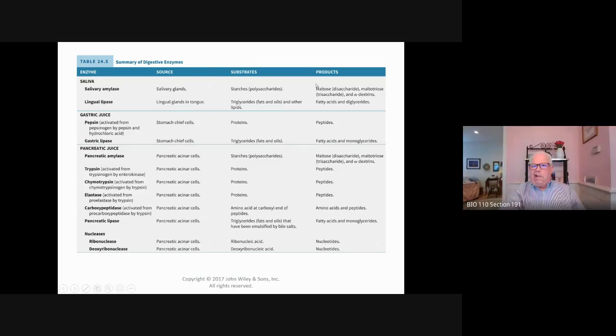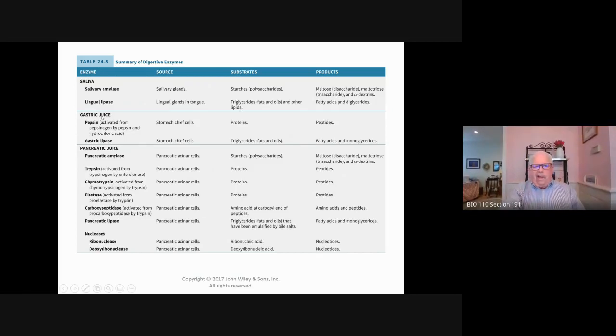Polysaccharides become disaccharides. Lipase, produced by the lingual glands under the tongue, gets rid of fat. They take triglycerides and turn them into fatty acids and glycerol.